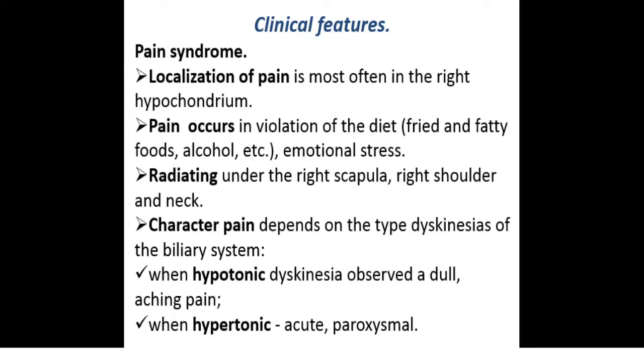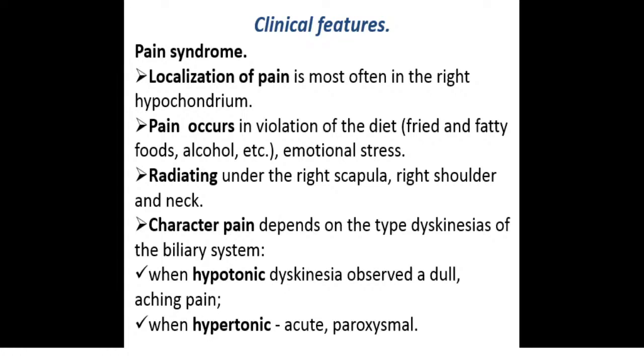Pain is localized in the right hypochondrium, and pain occurs with violation of diet, fried and fatty food, alcohol and other factors, emotional stress. This pain very often radiates to the right shoulder, the right side of the neck and the back.